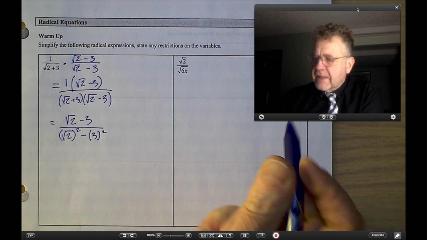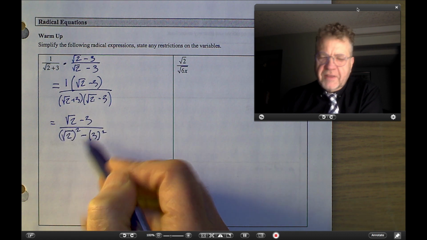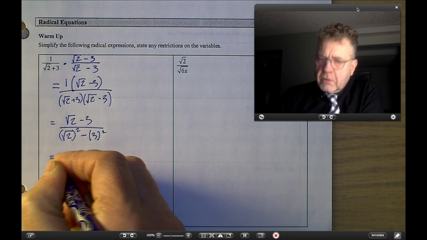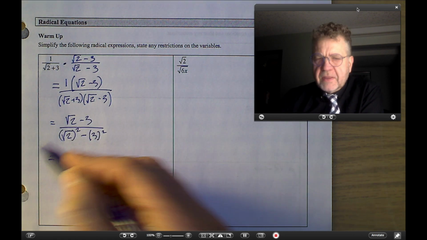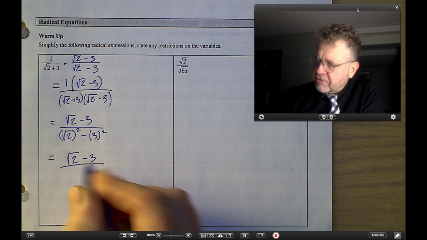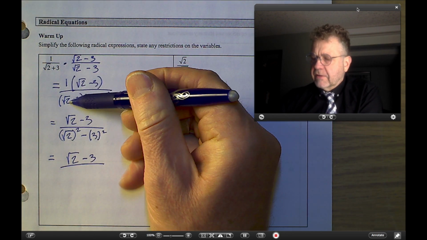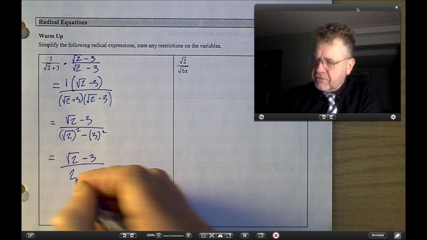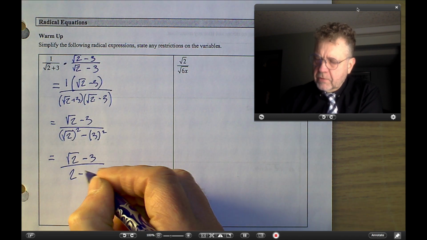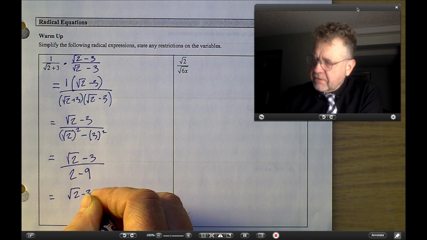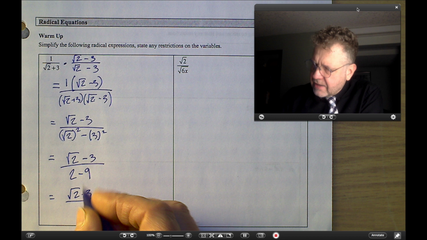There. Now, this is an entirely optional step. The more you do this, the more used you will become to skipping that step altogether. And you could easily go straight to asking yourself, well, what is the square root of 2 squared? Well, that's just 2. And 3 squared, of course, is 9. And we're going to get root 2 minus 3 over, what is that, negative 7?